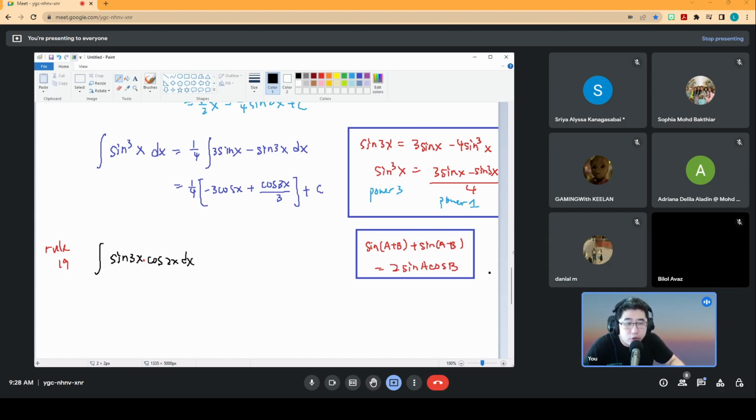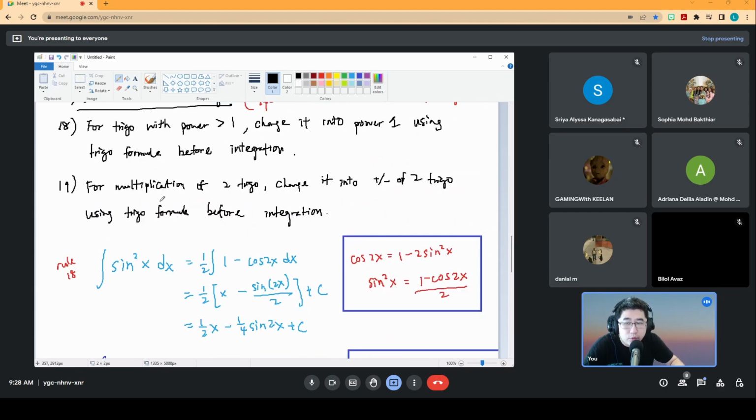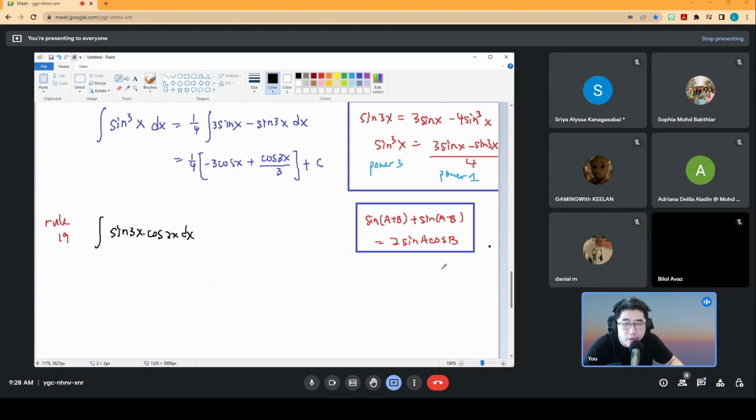So according to rule 19, before I do my integration, I have 1 over 2 of sine of 3x plus 2x plus sine of 3x minus 2x dx. Then I will have 1 over 2 of integrate of sine of 5x plus sine of x dx.